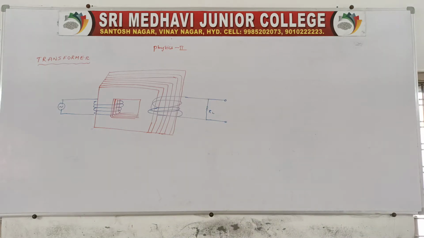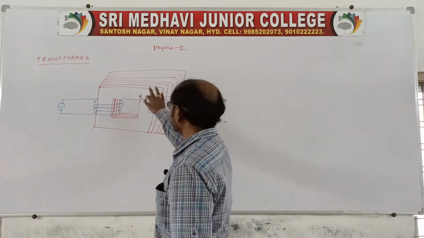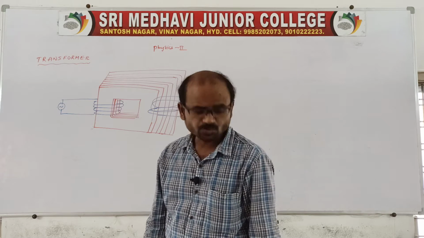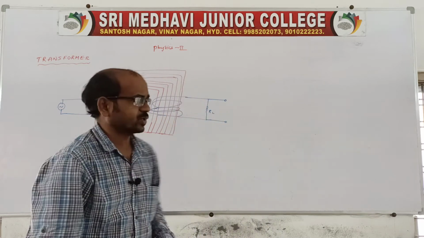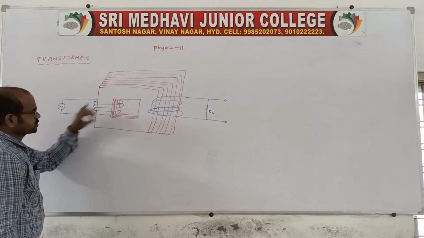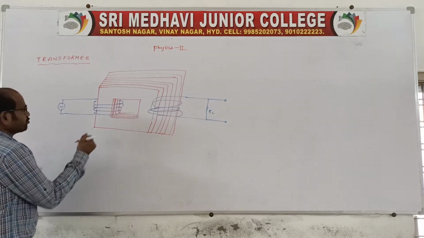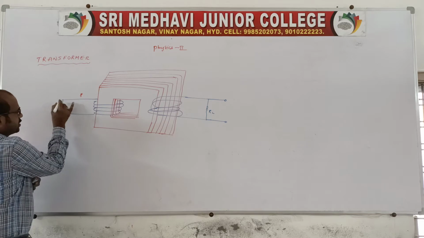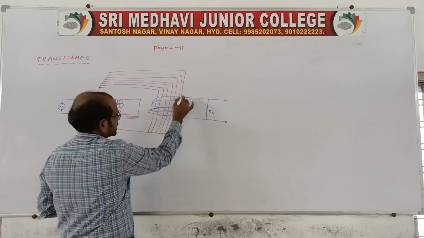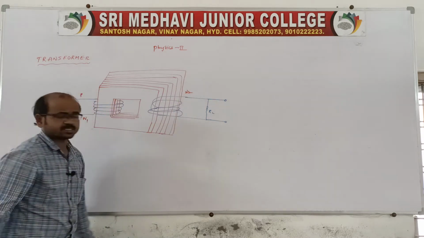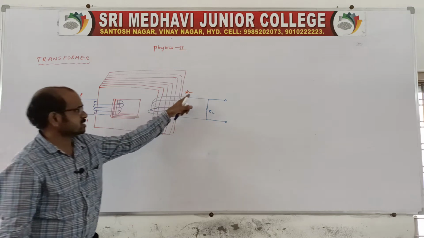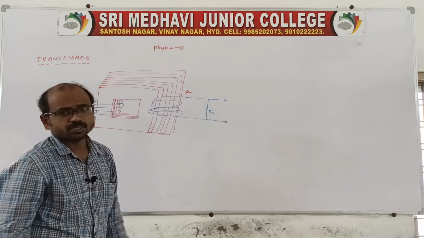All these L frames are electrically insulated, and all the wires are electrically insulated. At one end, a number of turns of wire are wound. This we call the primary coil, and it consists of N1 number of turns, and the secondary coil consists of N2 number of turns.